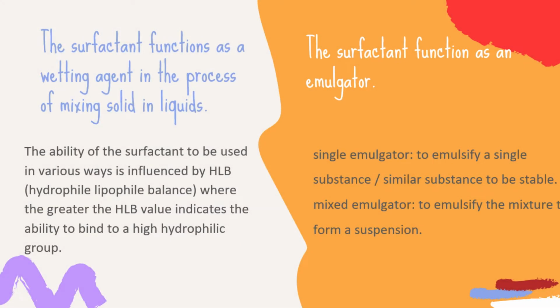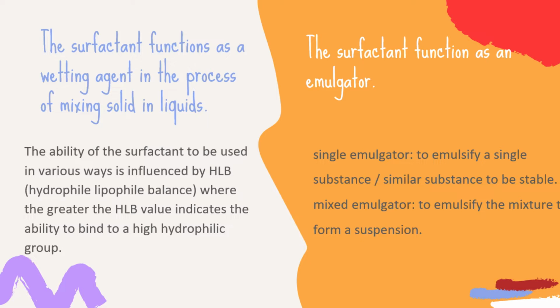The next is the surfactant function as a wetting agent in the process of mixing solids in liquids, and the surfactant function as an emulgator. The first is as a wetting agent in the process of mixing solids in liquids. The ability of the surfactant to be used in various ways is influenced by HLB, or hydrophile-lipophile balance, where the greater the HLB value, the higher the ability to bind to a hydrophilic group.